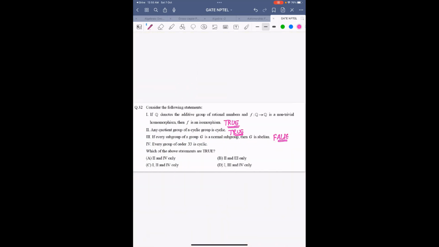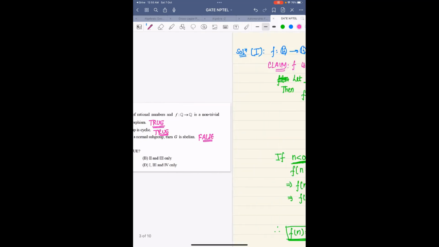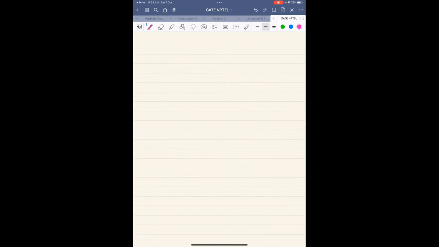Every group of order 33 is cyclic. Well, let's see that. So you must have seen this fact: every group of order pq is cyclic if p doesn't divide q minus 1, where q is greater than p.